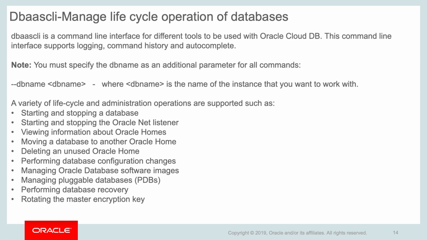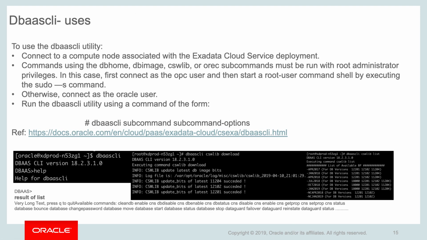And using this tool is really easy. We'll see how to get into this tool. For connecting to the Dbaascli utility, you have to connect to a compute node associated with the Exadata Cloud Service deployment, and you can use the oracle user, but certain commands require you to be logged in as the root user, like commands using the DB home or DB image.